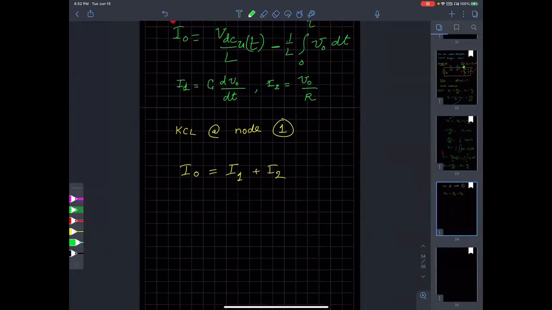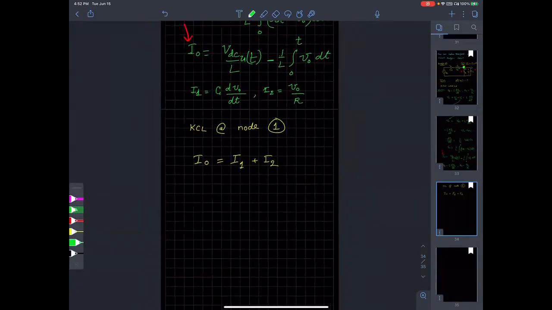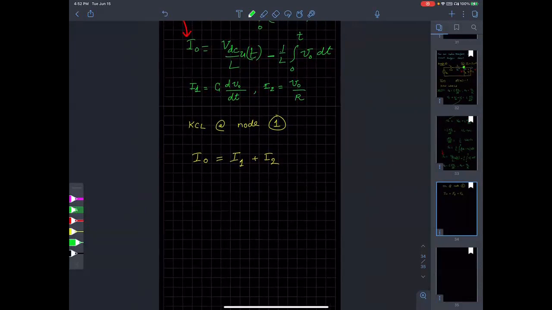So the idea is I naught equals I1 plus I2.